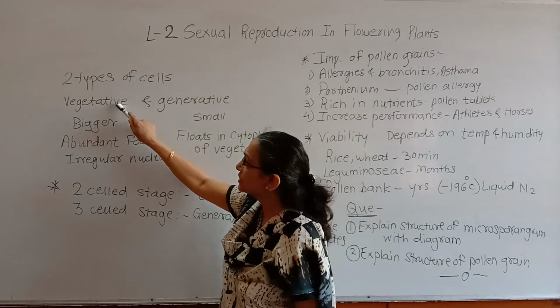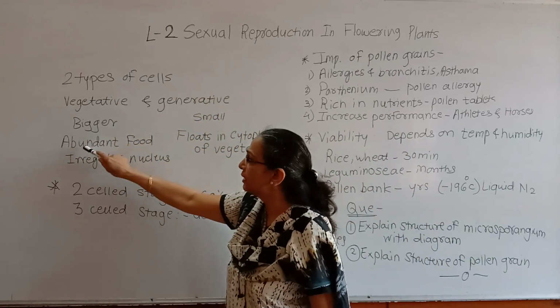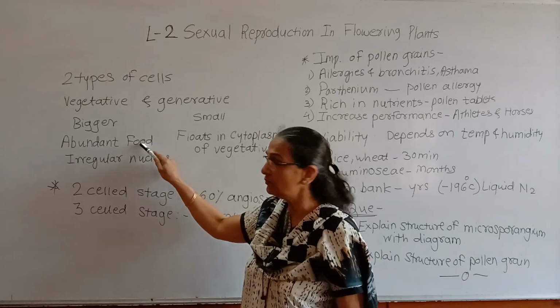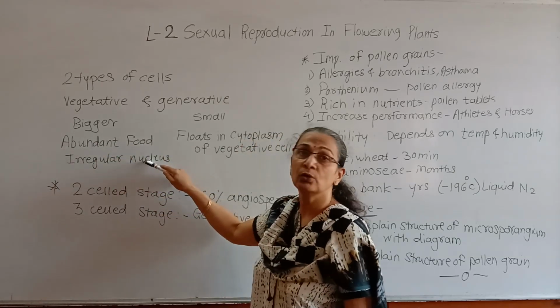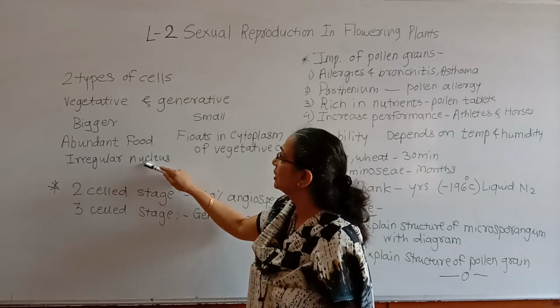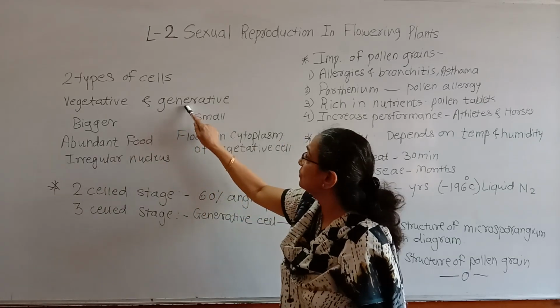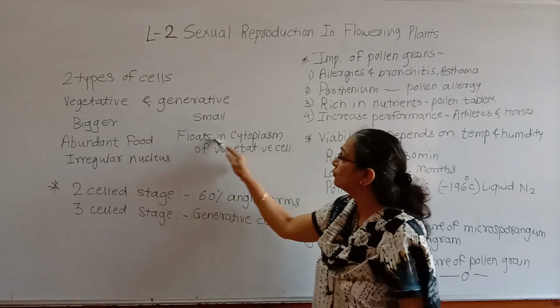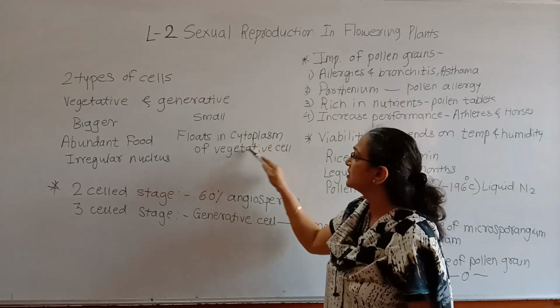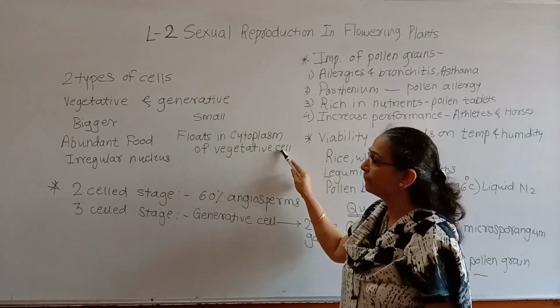The vegetative cell is bigger, it has abundant food reserve and has an irregular nucleus in it. While the generative cell is small and it floats in the cytoplasm of the vegetative cell.